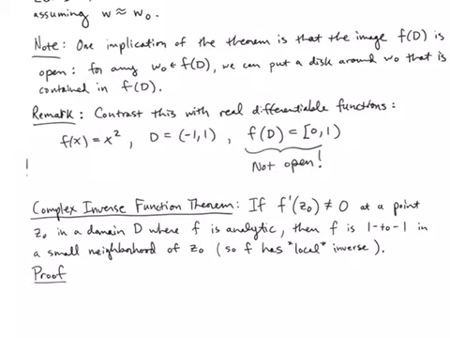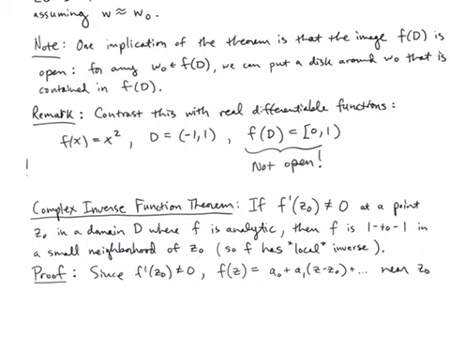And the proof is to use the previous theorem. Since f prime of z naught does not equal 0, we have that f of z near z naught equals a naught plus a1 times z minus z naught plus ..., where a1 is not equal to 0.